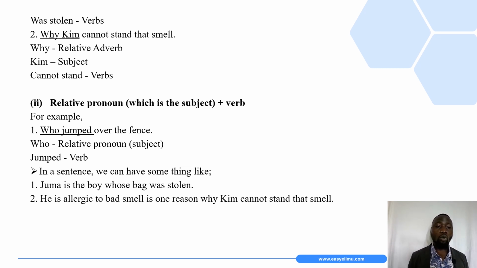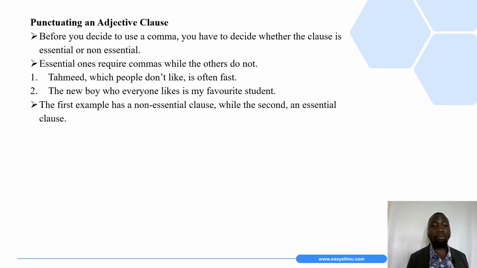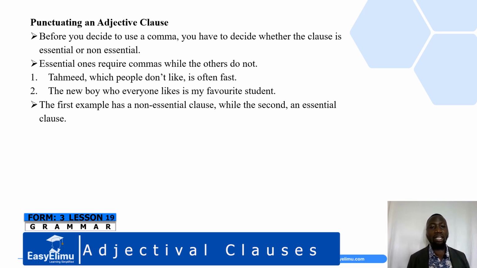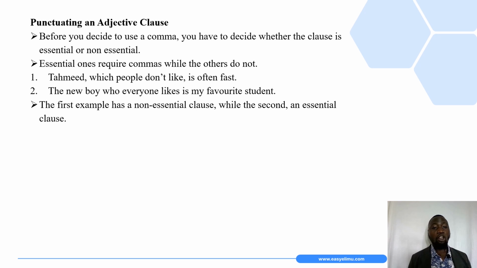That is why the examples we are giving are not expressing complete thoughts, because we are interested in the formation of the adjectival clauses. It is after learning how to form them that we can go ahead and use them in sentences.